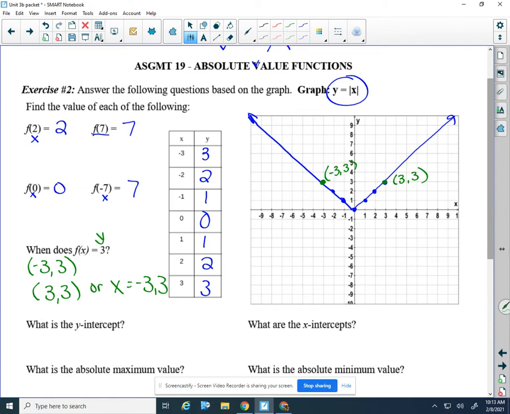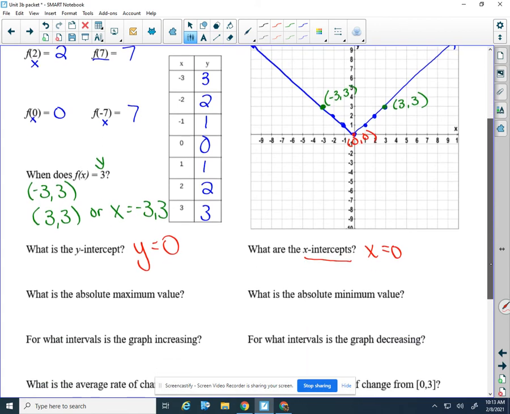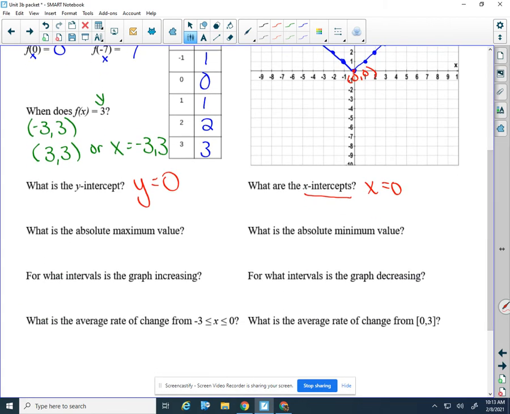What is the y-intercept? That's where this graph crosses the y-axis, right here, y equals 0. And actually, the x-intercept is the same, because this is the point 0, 0. X equals 0. A lot of these numbers will kind of match up and be duplicates. The very lowest value, remember when they say value, they want the, oops, not lowest, the highest y value.